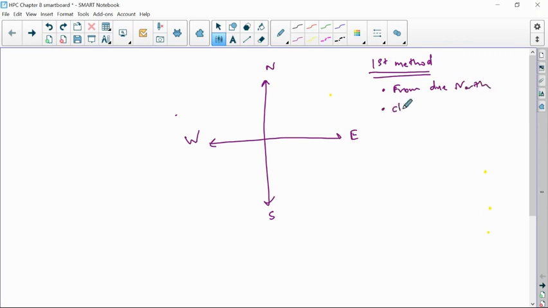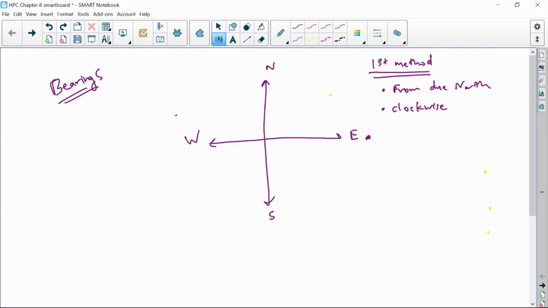That's a little bit different because we're so used to going counterclockwise, and we're so used to always starting in the unit circle at the positive x-axis. But if you're talking about bearings, one method to describe them is to start due north and go clockwise.